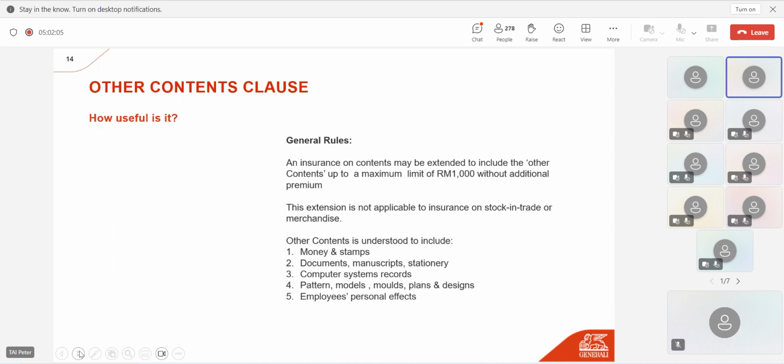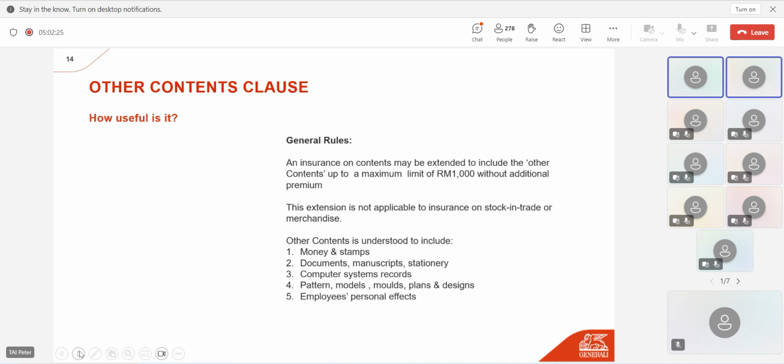So basically this is, like I say, a free cover, free money to the client if they suffer a catastrophe. Without this clause, you cannot get this extra 1,000. But with this clause in, you can get an extra 1,000. And this clause is free anyway.